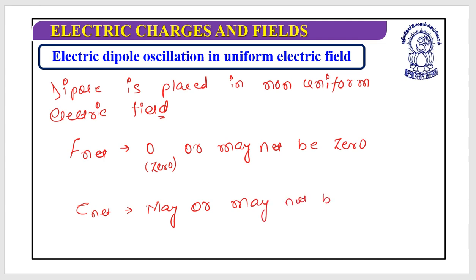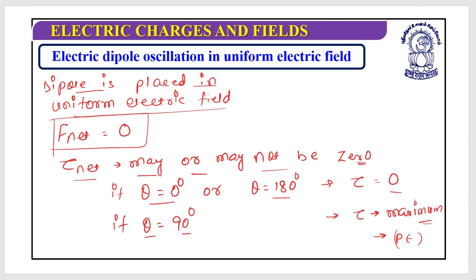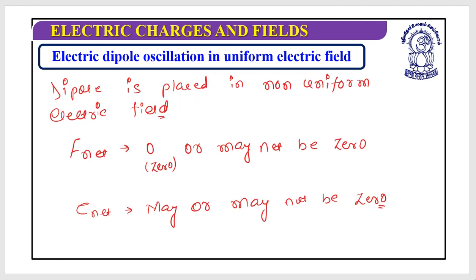So remember these two slides for the logical questions. They are theoretical questions and take a fraction of a second to solve, so you need to go through this very quickly. If a dipole is placed in a uniform electric field, then F net would be 0 for sure, but torque may or may not be 0. When a dipole is placed in a non-uniform electric field, F net could be 0 or not.